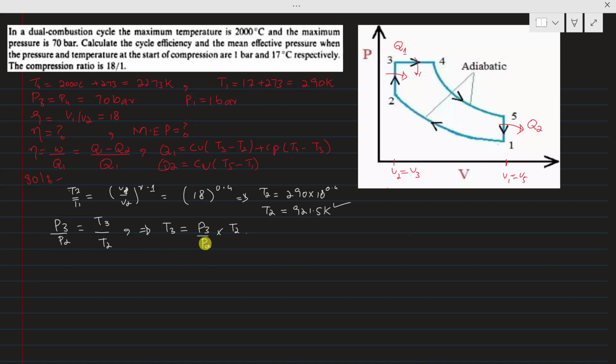But the value of P2 is unknown, so first we will find P2.